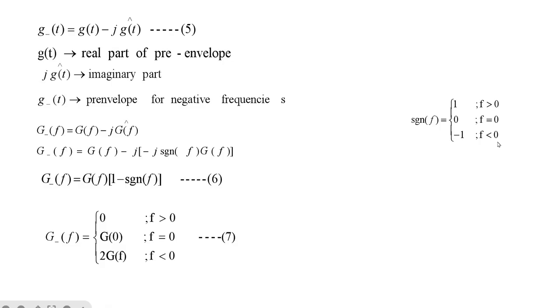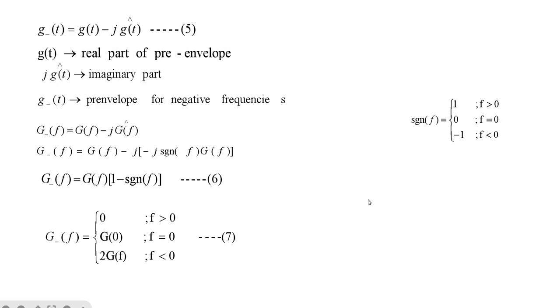Next, we'll go for f less than 0. The signum function is minus 1. So again substitute the value of signum function as minus 1. So 1 minus of minus 1 will be plus 2. 2 into g of f will be 2g of f for f less than 0.